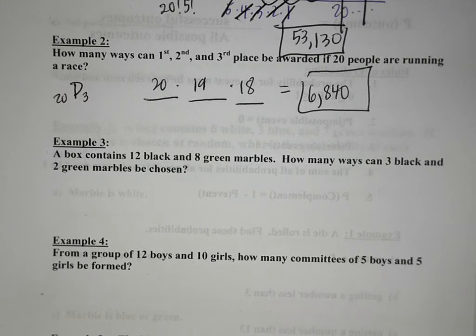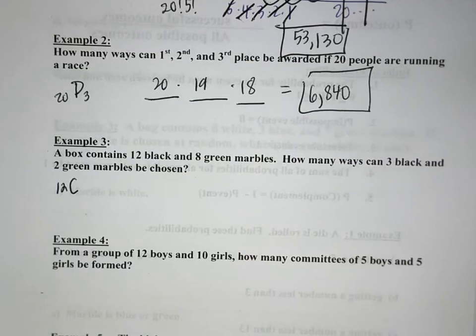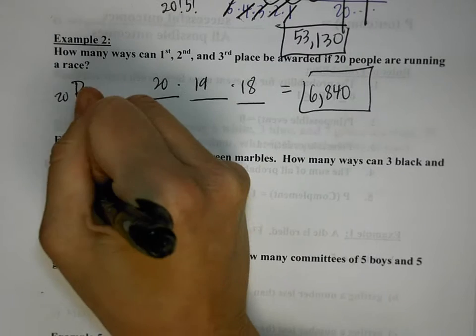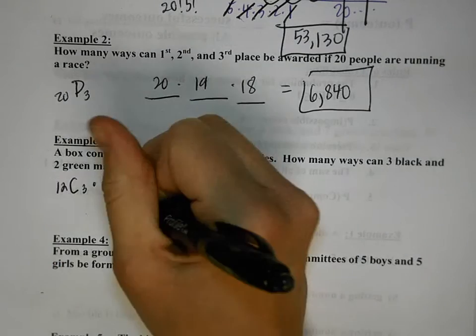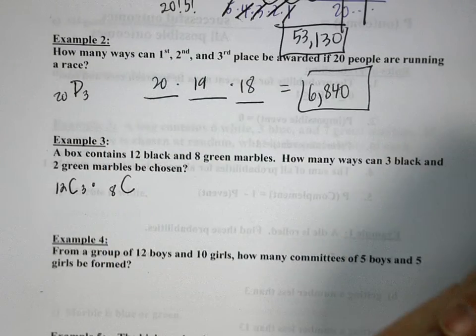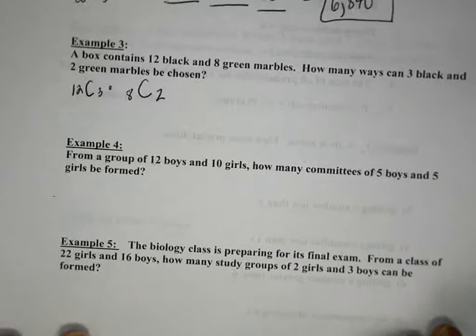No. So this means it's a combination. Very good. So I'm going to have 12 combination of 3 times what? 8 combination of 2. And then you're going to solve both of those separately and multiply your answers together.